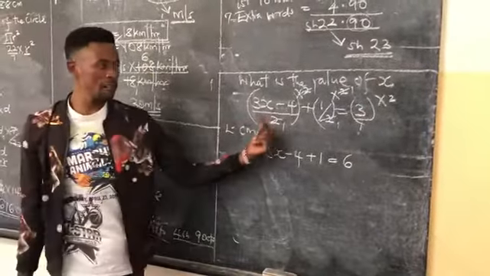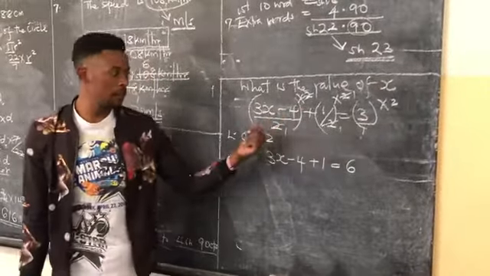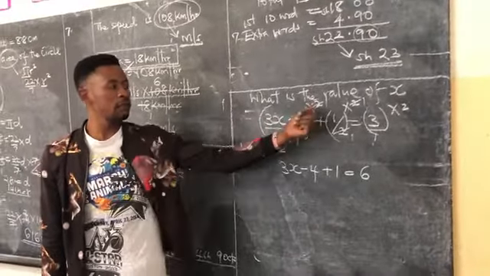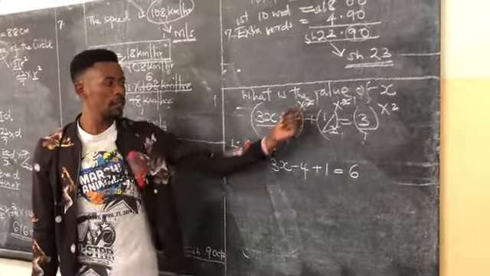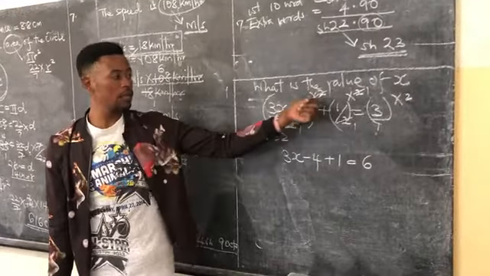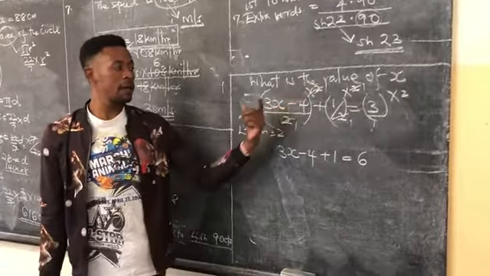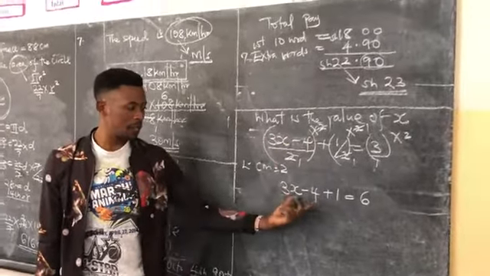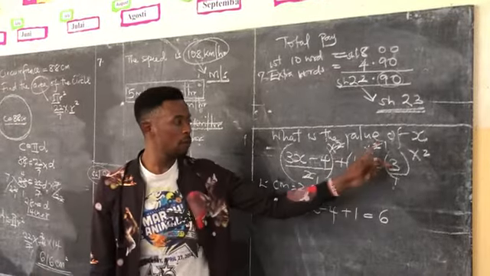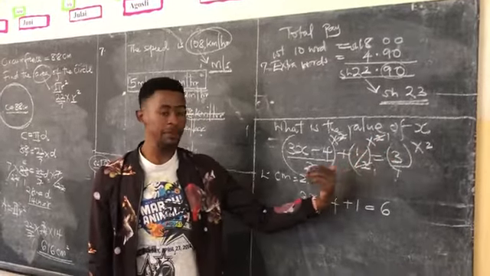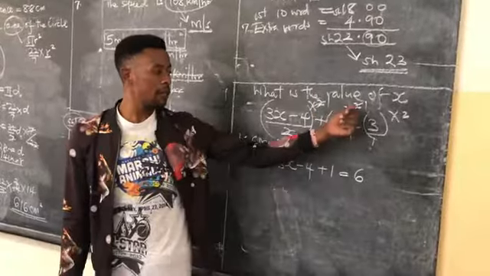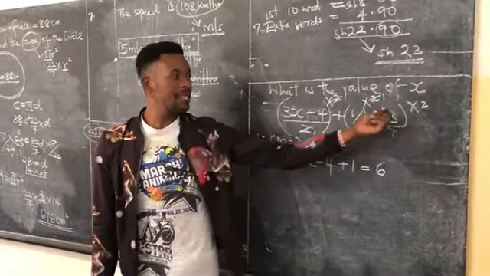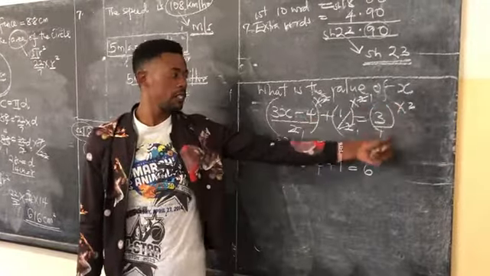I repeat, we have multiplied each group by the LCM, so the LCM is 2. (3x minus 4) over 2 times 2, the 2 and 2 cancel, so this group you're multiplying by 1, through 3x minus 4 times 1, that is 3x minus 4. Then a half times 2, this is another group, so you're also multiplying it by the LCM. That is 1 times 1, which is 1. Then 3 times 2, which is 6.